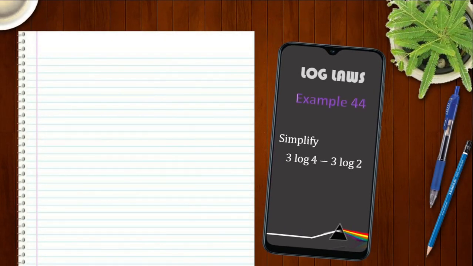Example 44, simplify. All right, we expanded in the previous one, so let's now simplify. Let's write this out first: 4 log 3 minus 3 log 2. I can take this value now and put it as the exponent for my numerical value.